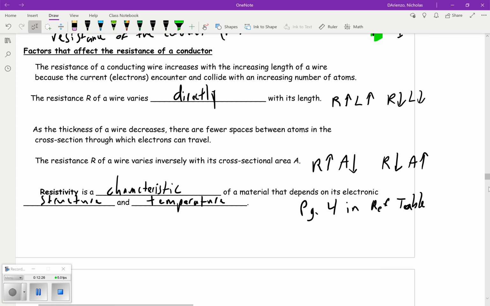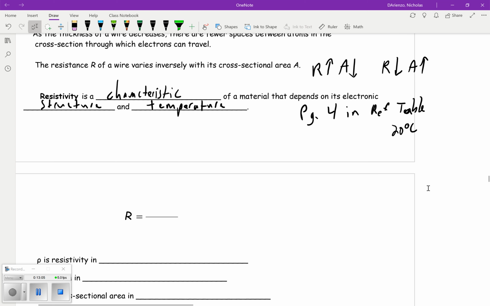Looking at two different values on there, the nichrome wire compared to silver, nichrome has a much higher resistivity compared to silver, and therefore nichrome has a higher resistance than silver, because silver is not going to oppose the flow of electrons or have as much resistance in the structure of its atoms compared to nichrome. All those values there are given to you at 20 degrees Celsius. As we increase the temperature on either silver or nichrome, the amount of resistance that electrons will encounter will increase.